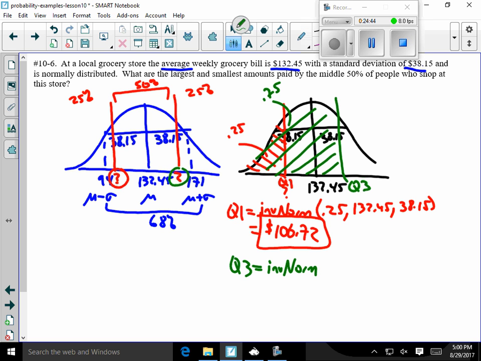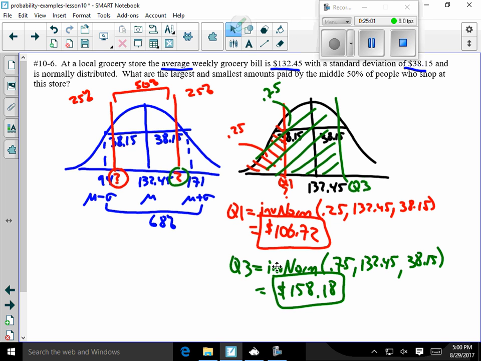The only thing I would change is I would change this to 75% to the left, with 132.45 for the mean and 38.15 for the standard deviation. And that turns out to be equal to $158.18 when you plug that in the calculator. So those are the boundary values for the middle 50% of people who shopped at this grocery store.